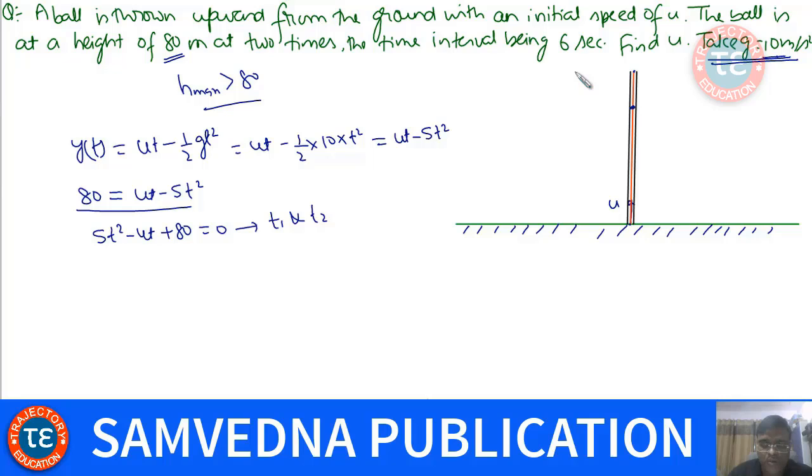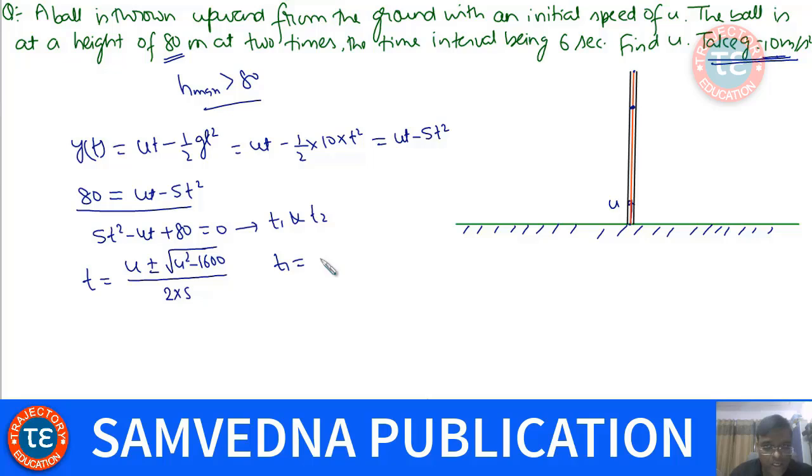The other way, you can use the property of the quadratic equation. Just do both ways. Suppose t is u plus minus root of u square minus, what will be 80 into 5, 400, 1600, upon 2 into 5.